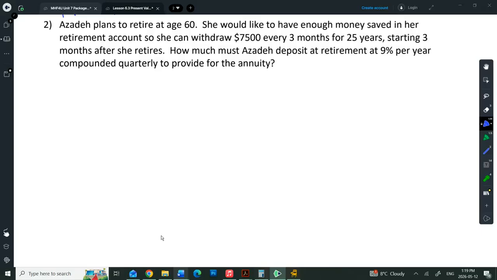Okay, so let's list out our values as usual. That's where we're always going to start. Interest rate is a decimal. CPT, which is time in years. And I think that's everything, right?